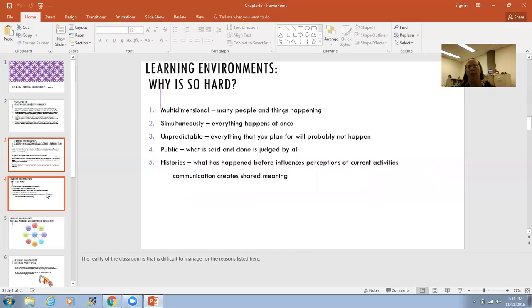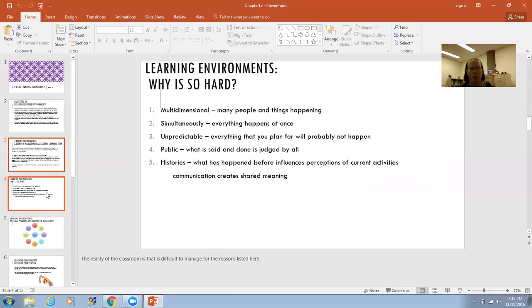You have Johnny working on his homework, and Susie is pulling on his hair, and Max is tying his shoe, and you're trying to teach, and all of these things are happening at the same time. This idea of simultaneity, everything happening at once. So the multidimensional aspect and this idea of simultaneously occurring things are tied together.